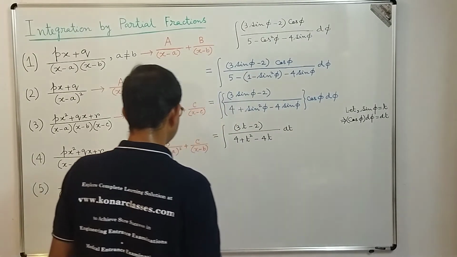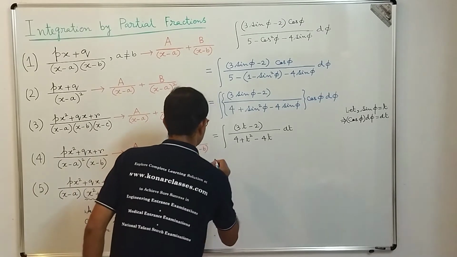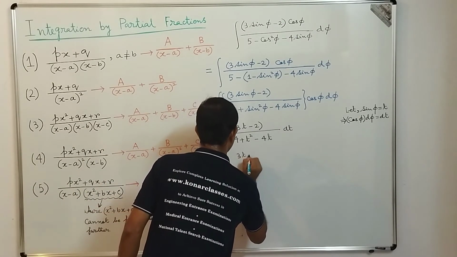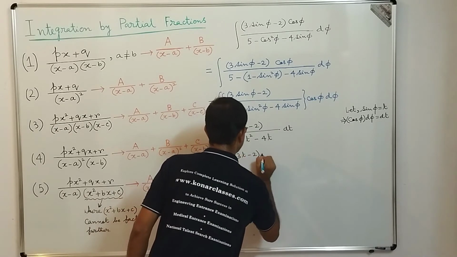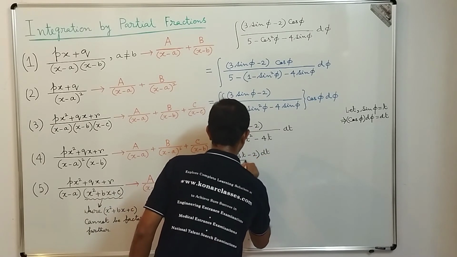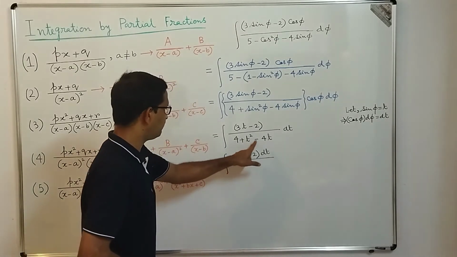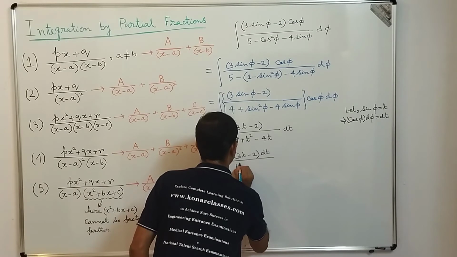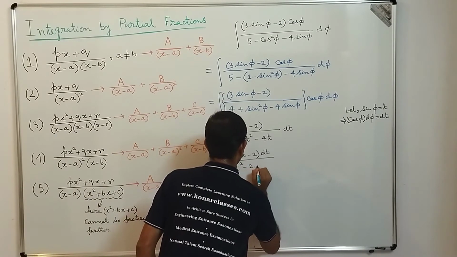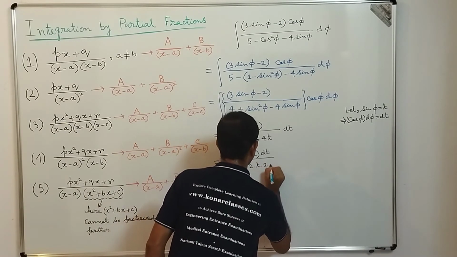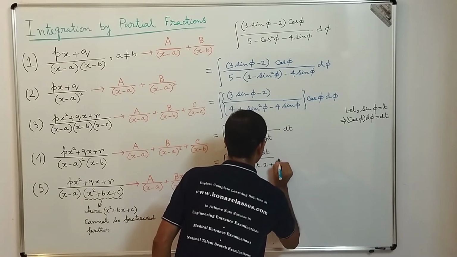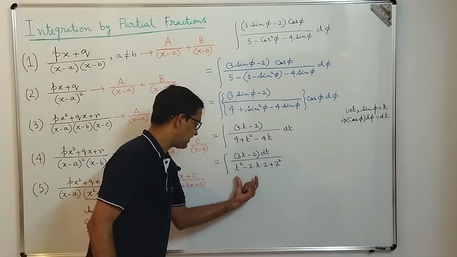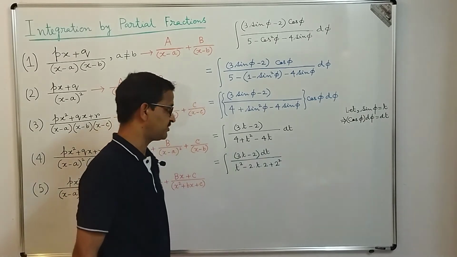So this integration becomes 3t minus 2 dt divided by t square minus 4t plus 4. What we can write? It is actually t square minus 2 into t into 2 plus 4, which is 2 square. Why do we write like this? So that it can be expressed as t minus 2 whole square.